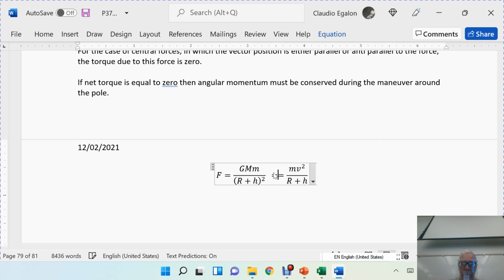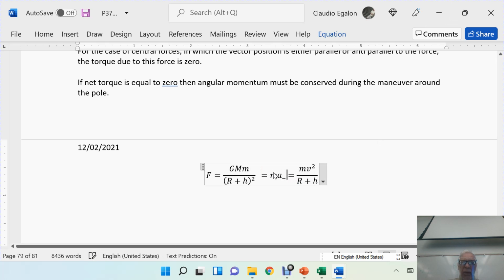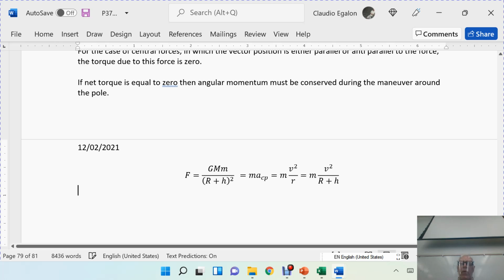So you can understand, mass times centripetal acceleration. And then the centripetal acceleration is this term, v squared over r. I'm going to put lowercase r, v squared over r.